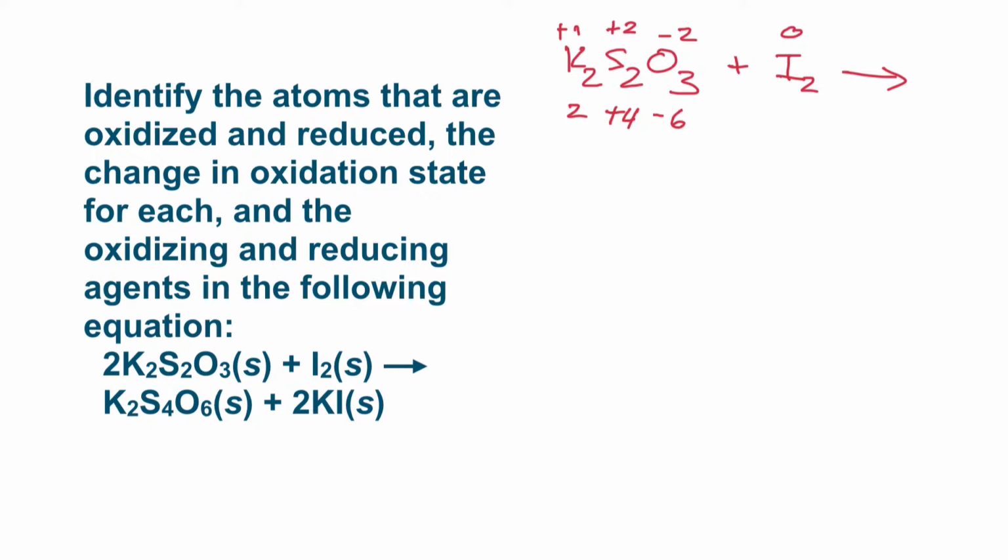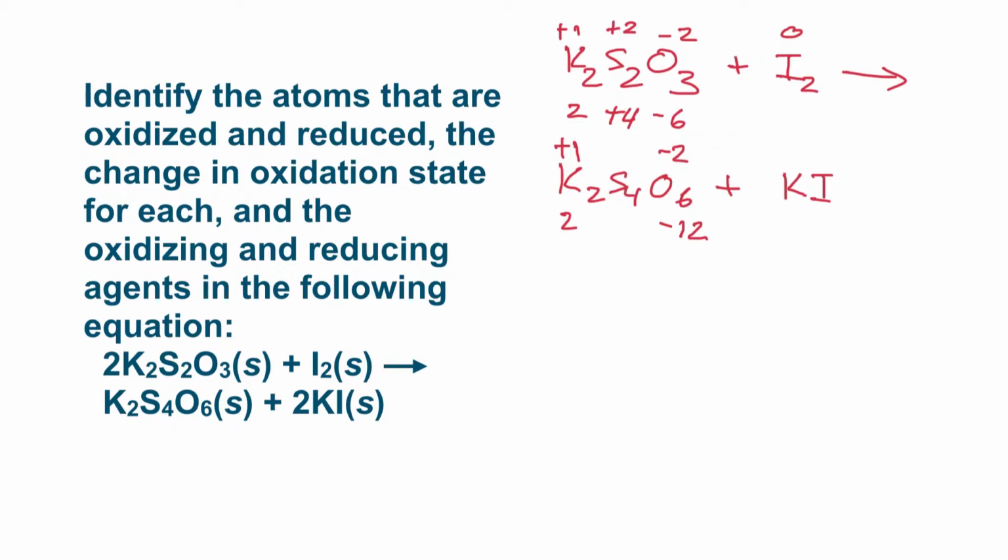And then if I look at the products, K2S4O6 and potassium iodide. Once again, potassium is +1, oxygen is -2, so the potassiums give +2. The oxygens are now going to be -12 because I have 6 of them.